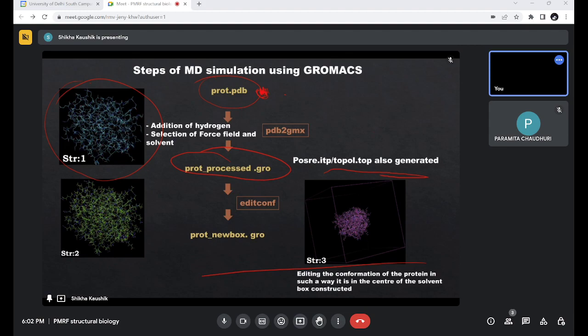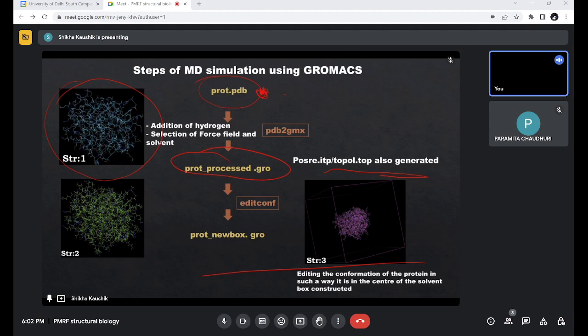Then you do editing. Once you add the hydrogen bond, now you have to define the boundary of your system.